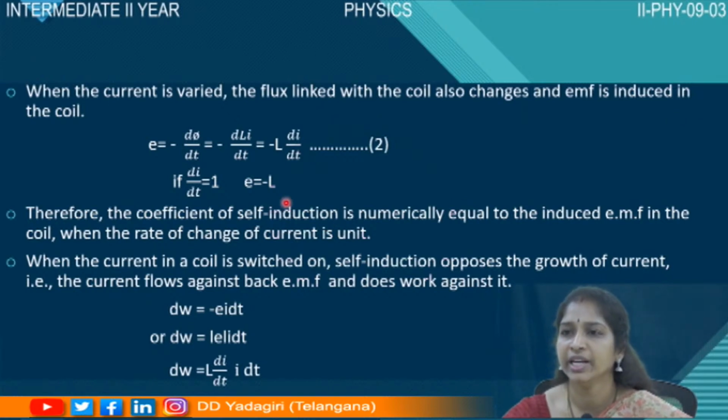So how can we define it? The coefficient of self-induction or self-inductance is numerically equal to the induced EMF in the coil when the rate of change of current in that coil is unity, in the same coil. Here the rate of change of current is not in some other coil.